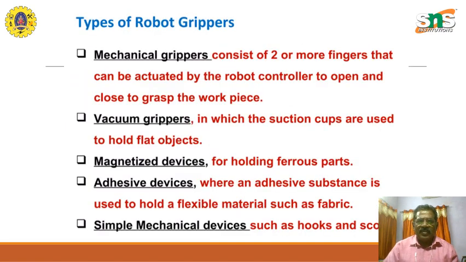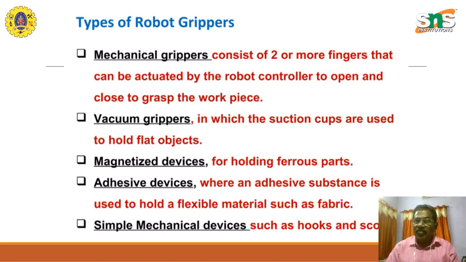Now, there are types of grippers. There are mechanical grippers, which consist of two or more fingers that can be actuated by a robot to open or close the grasp. Okay, you have the vacuum grippers in which suction cups are used to hold flat objects.